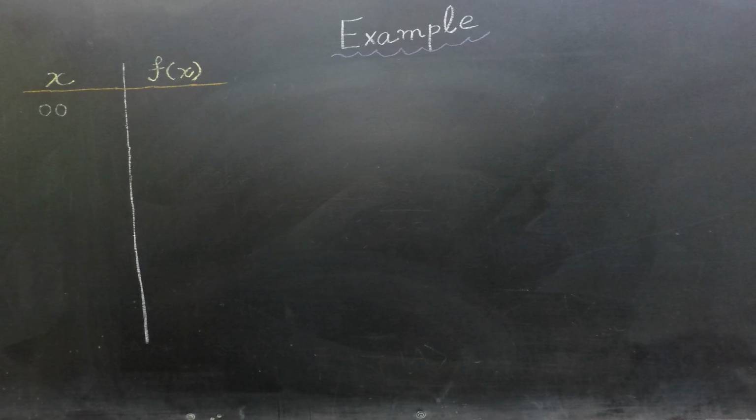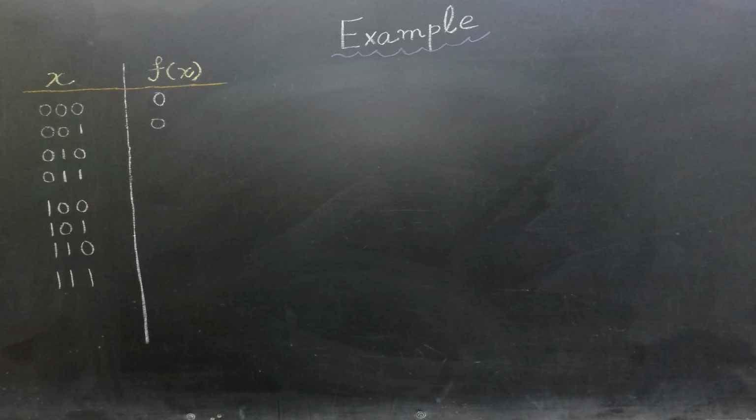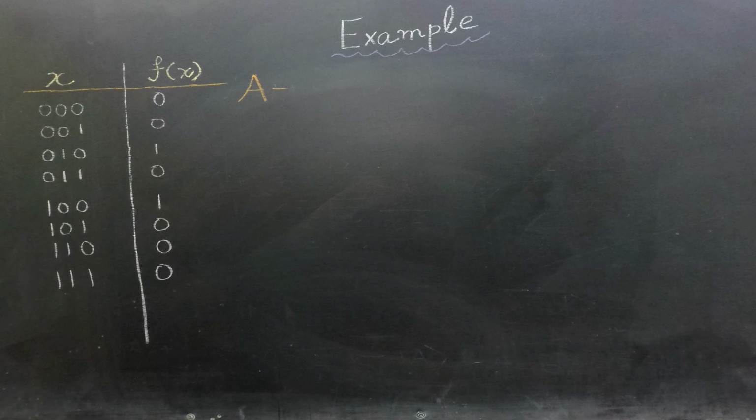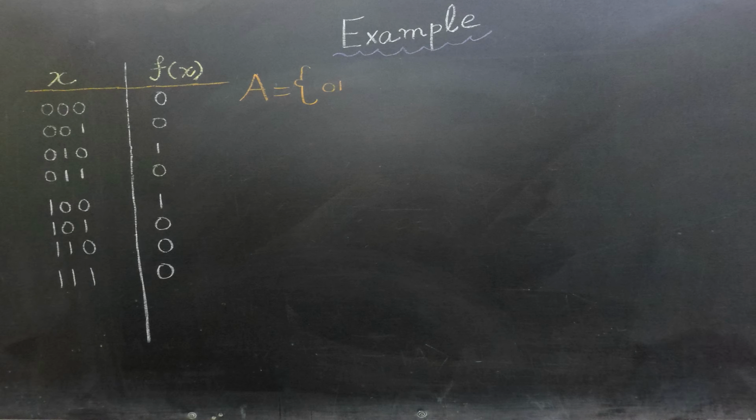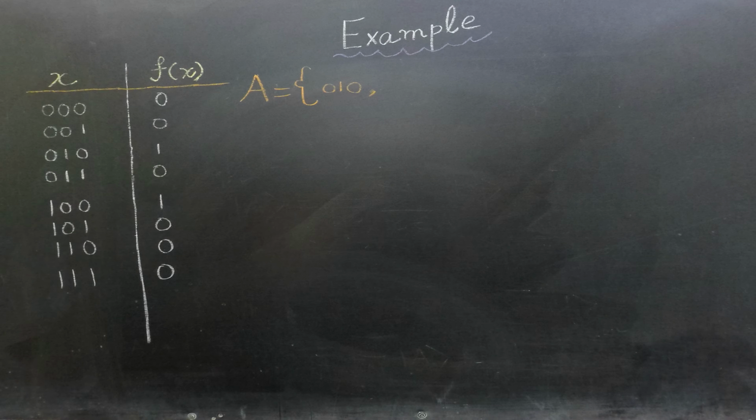This example has 8 possible inputs, out of which 2 are yielding true. According to this example, our set A will have inputs 0, 1, 0 and 1, 0, 0, as only these inputs yield a true output.